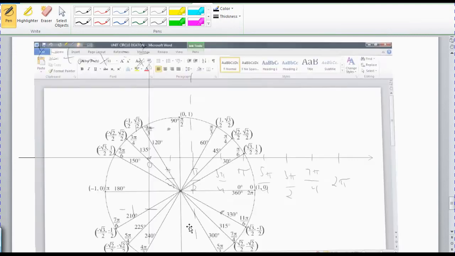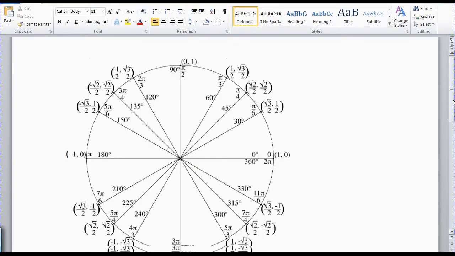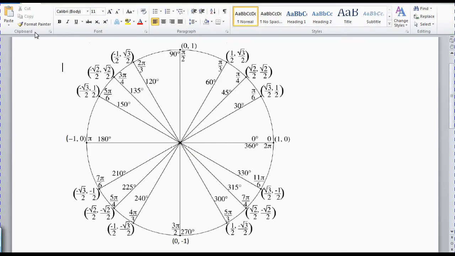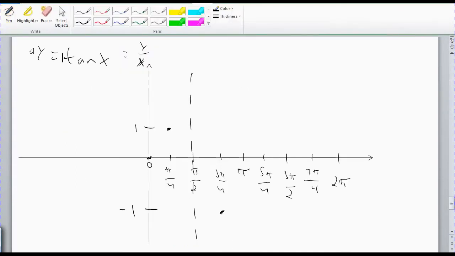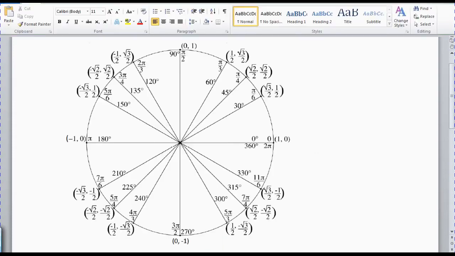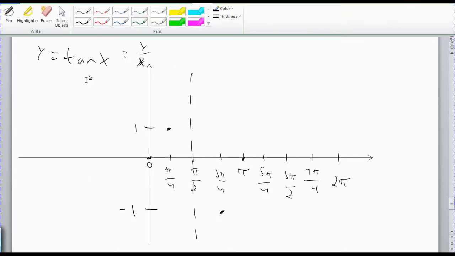And then at pi, 0 over negative 1 is 0. Let's look at 5 pi fourths. Negative divided by negative is a positive, and anything divided by itself is a 1. So that's a positive 1. And 3 pi halves.